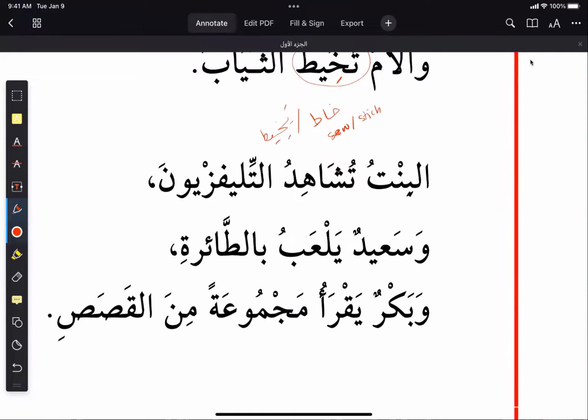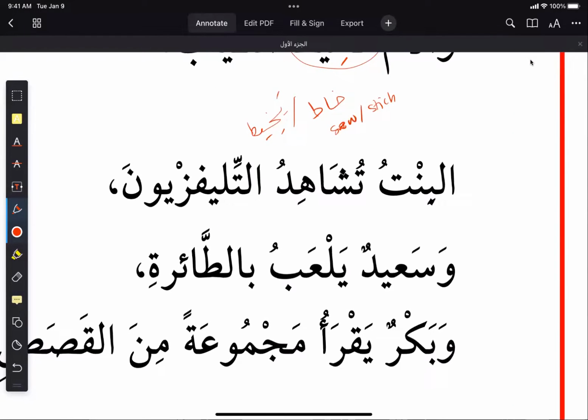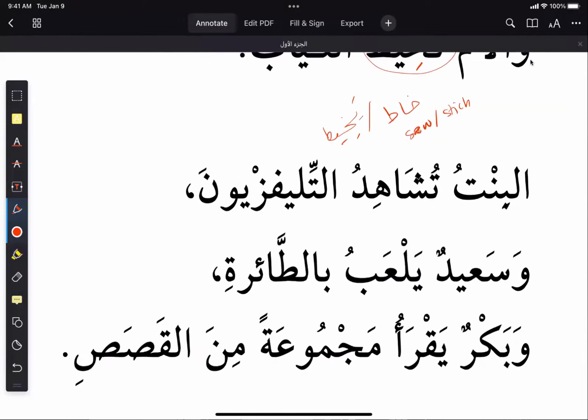Then we have al-bintu tushahidu television. But this word, there's another word. This is the longer version. Television is the same thing as TV, but the shorter one is tilfaz.